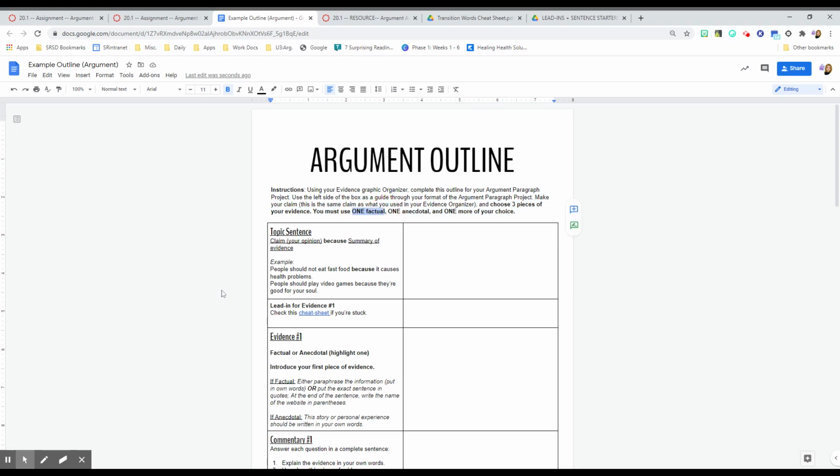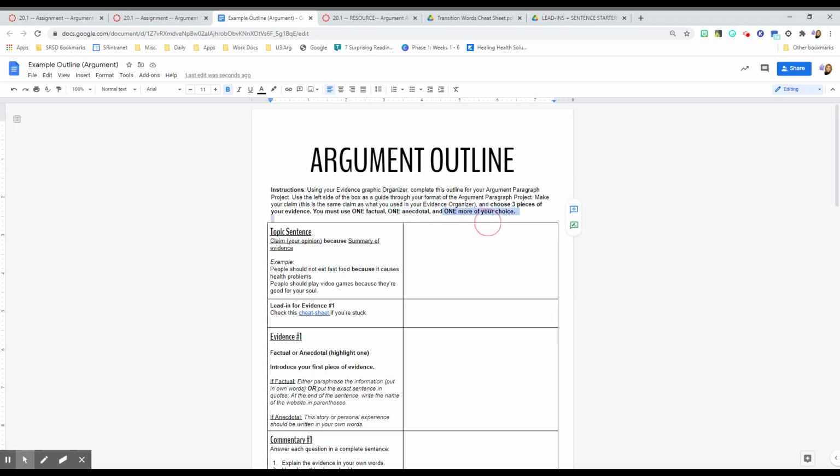That means a quote, a statistic, a piece of data from one of those articles. You must also have 1 anecdotal piece of evidence. That means you are sharing either your story or a story of somebody that you know who has experienced something positively or negatively, depending on what your topic and claim was.